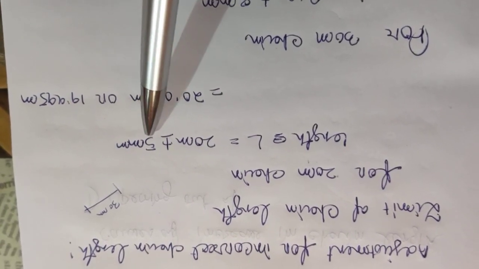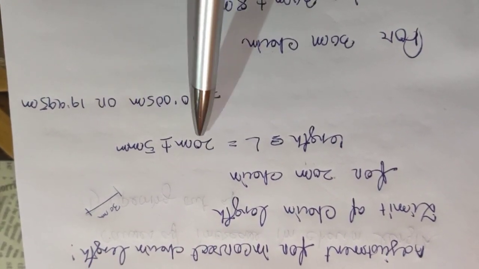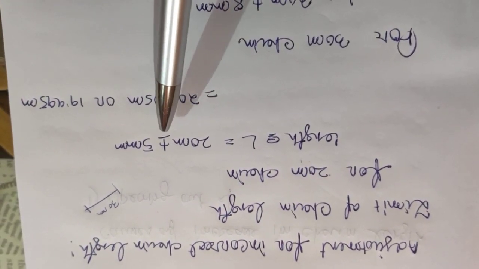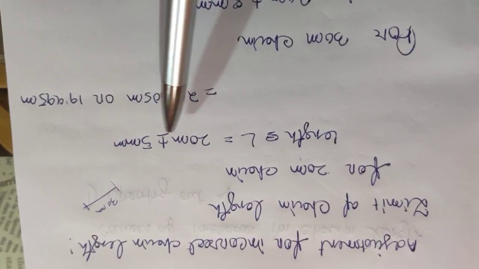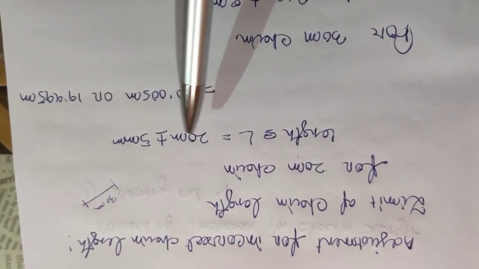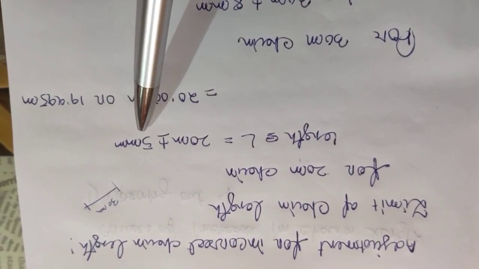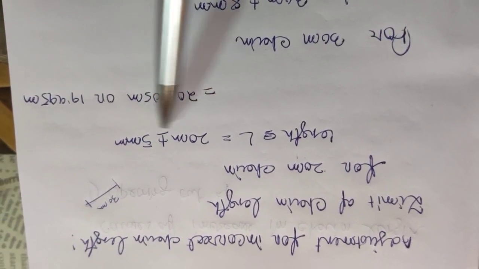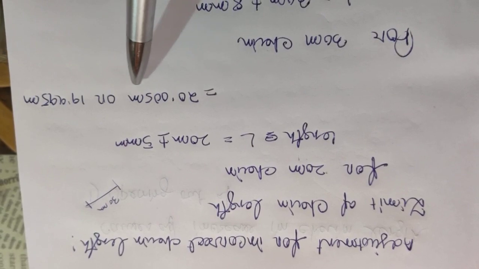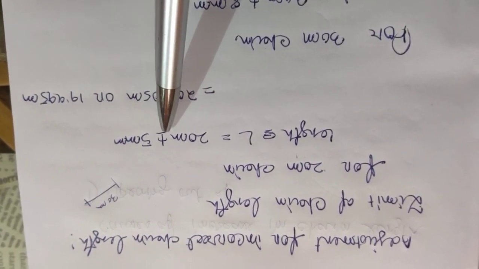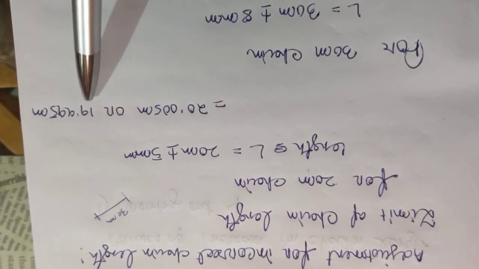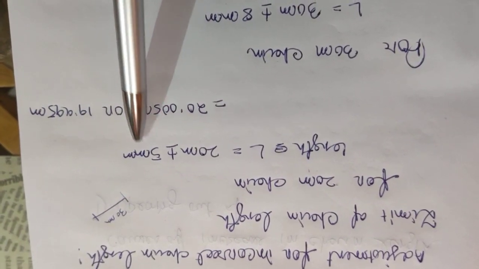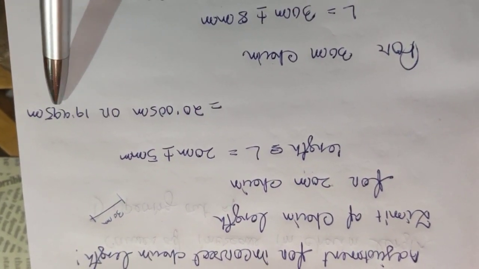This is the maximum amount of correction that we can apply for a 20-meter length chain. This correction can be plus or minus. So if the chain length is 20 meter and the correction applied to the chain is 5 millimeter, and if it is plus, then the final length will be 20.005 meter, or if it is minus, then the final length becomes 19.55 meter. That means 20 meter minus 5 millimeter ultimately becomes 19.55 meters.